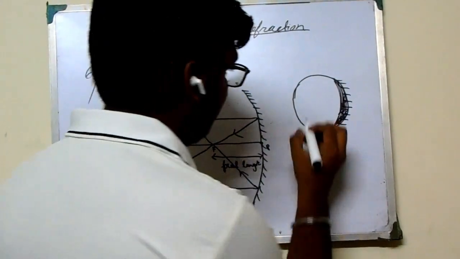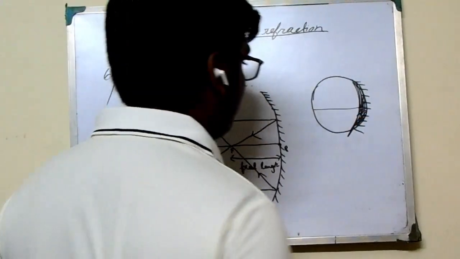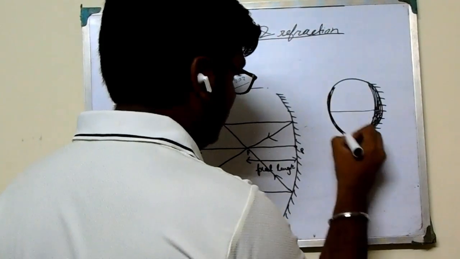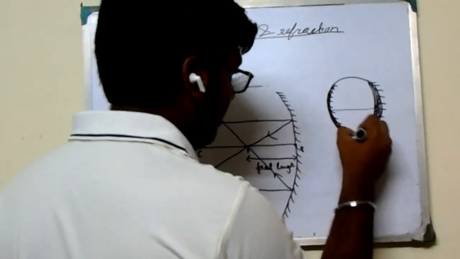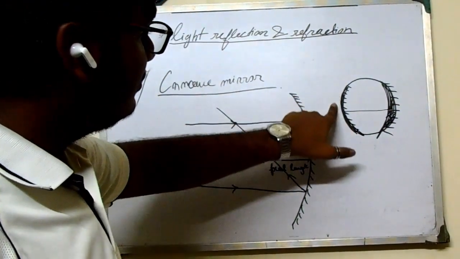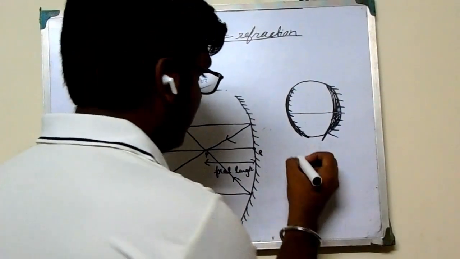And this portion is the convex mirror, as I have told how a convex mirror looks.